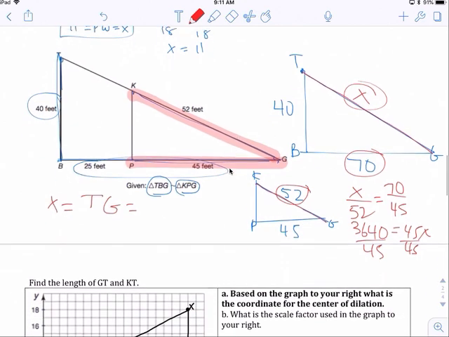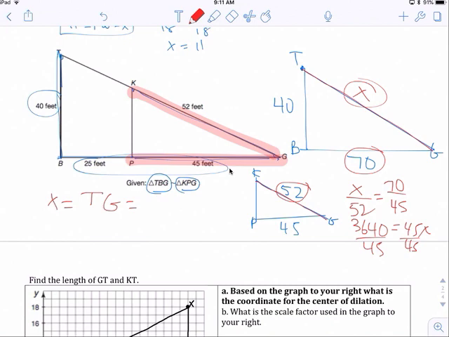Okay. If you divide, it's 80. I don't want a fraction, you guys. For this whole length, if you divide, you get a remainder, and then you simplify it, you get 80 and 8 over 9.